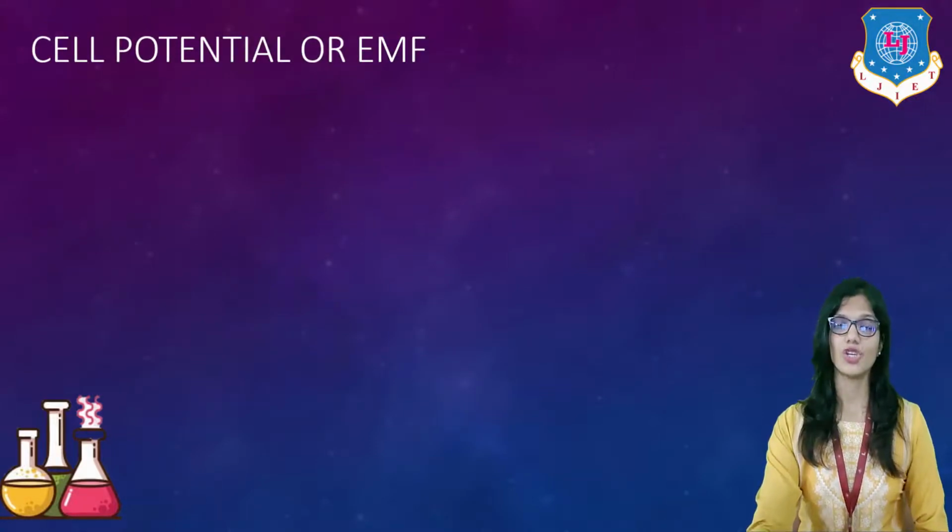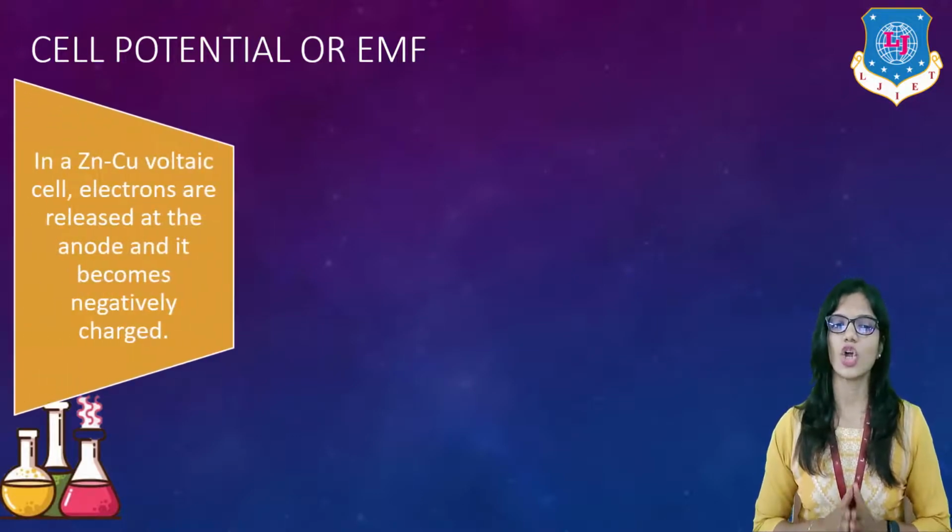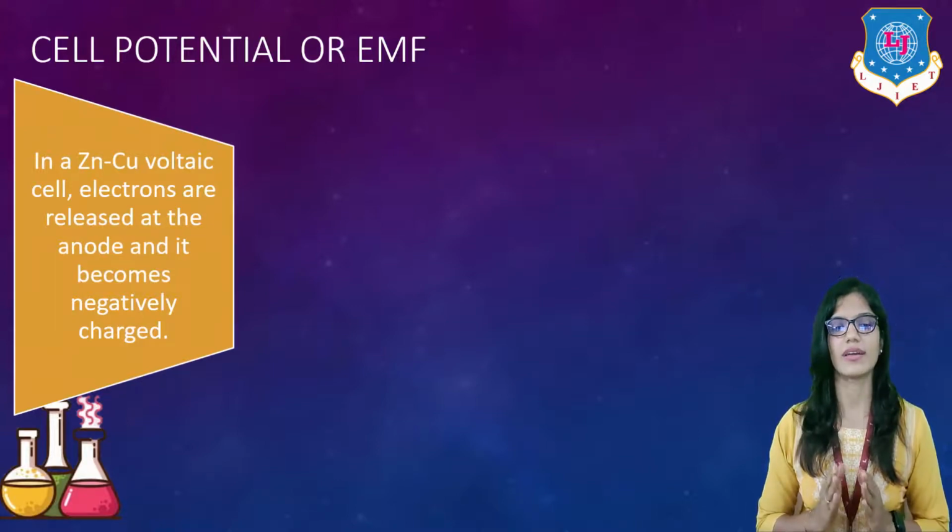Now, let's talk about cell potential or EMF. In a zinc copper voltaic cell, electrons are released at the anode and it becomes negatively charged.